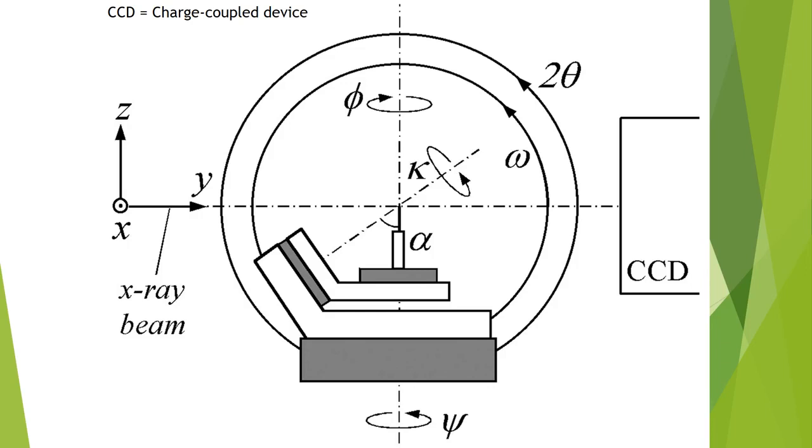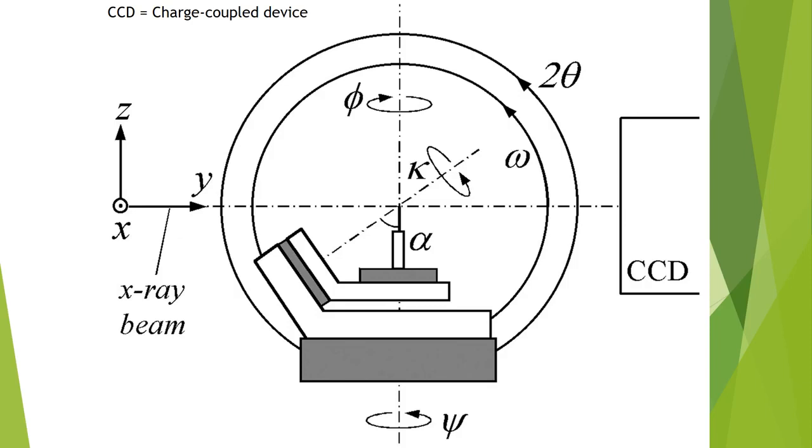This is the CCD, charge coupled device, with X-ray beams coming from the X-ray tube along the x-axis, which strike the single crystal mounted on the goniometer and are scattered at different angles. One circle is omega, and another circle of rotation is phi.